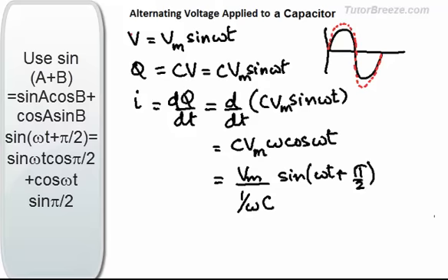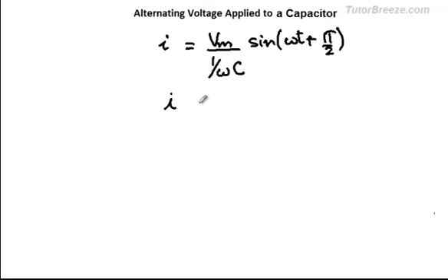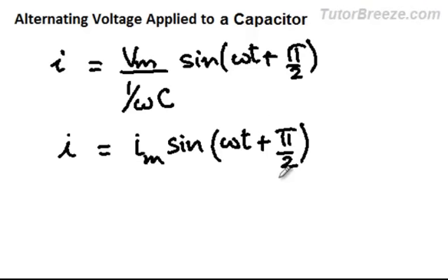Writing the current I equals Im sine omega t plus pi by 2, we can see that the current also varies sinusoidally, though there is a phase difference of pi by 2. We'll just look at this a little while later.